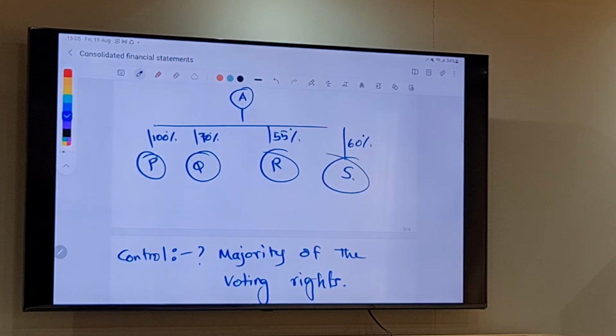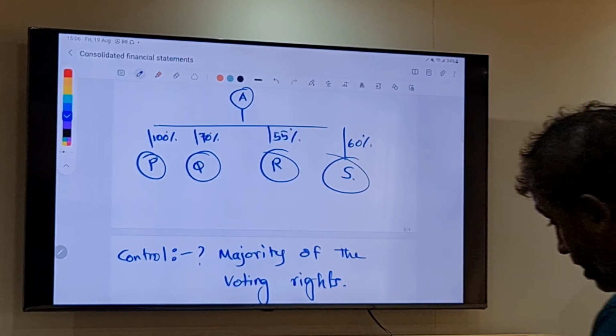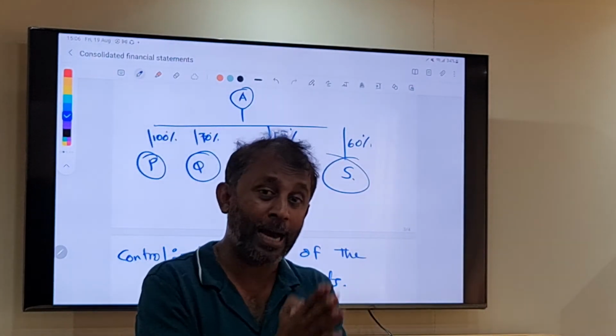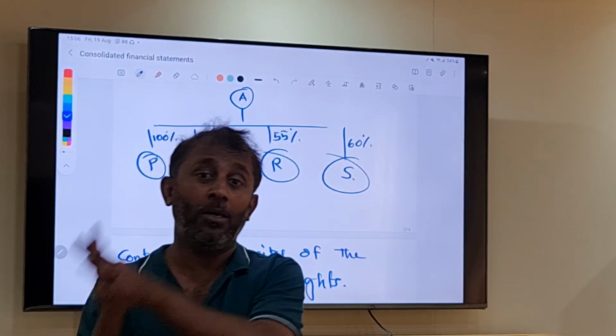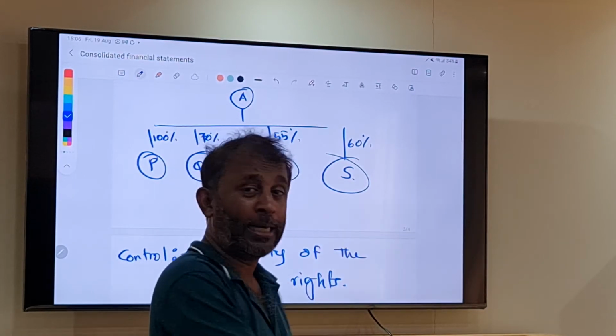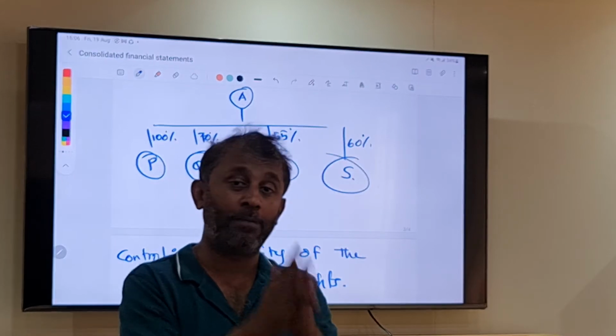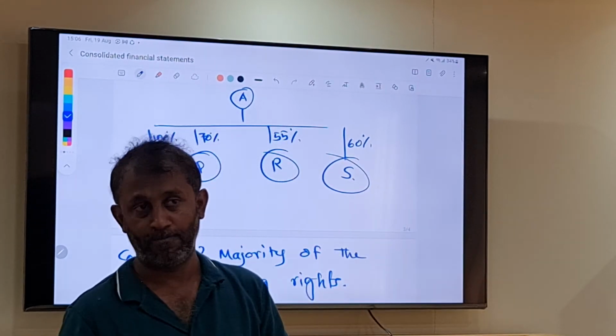When the other company has the majority of the voting rights on that, then we say that company has the control. Clear? So how do I define control? When the parent company has the majority of the voting rights of any given subsidiary company, then that company has the control.